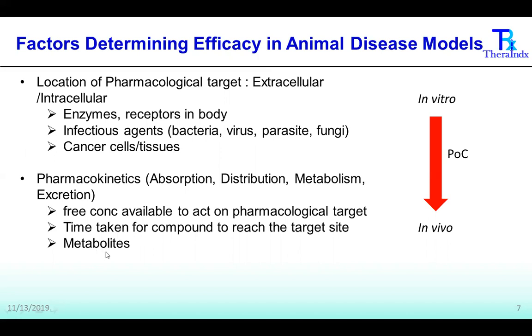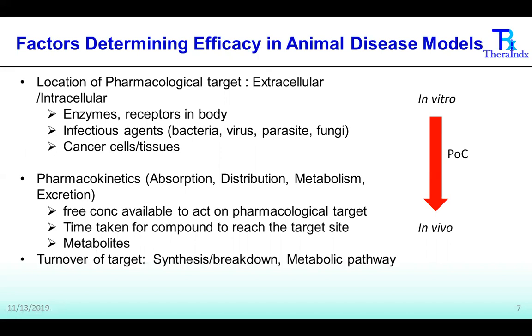Formation of metabolites is another important component which could affect the efficacy. Like I said in the previous slide, the turnover of the target inside the body, like for example synthesis and breakdown, could affect the time taken to see the effect.